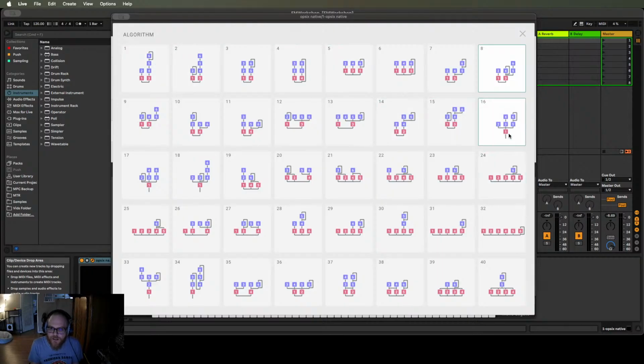Okay, then we get into the 16 through 18, which are going to be for when you need a waveform that's fairly complex, has a lot of different things going on, but there's no detuning or anything like that, just a single complex waveform.